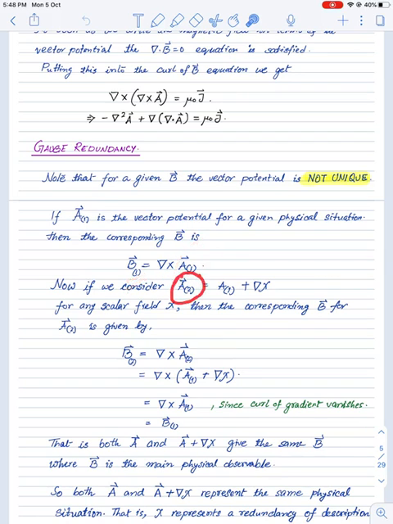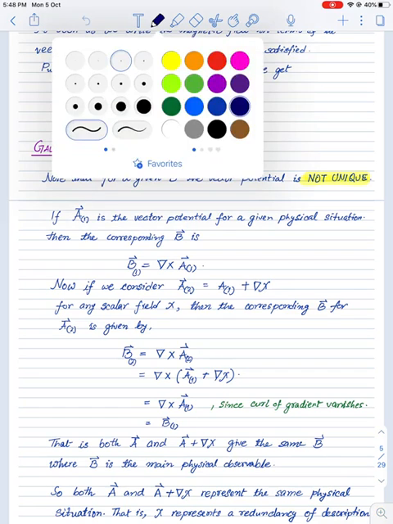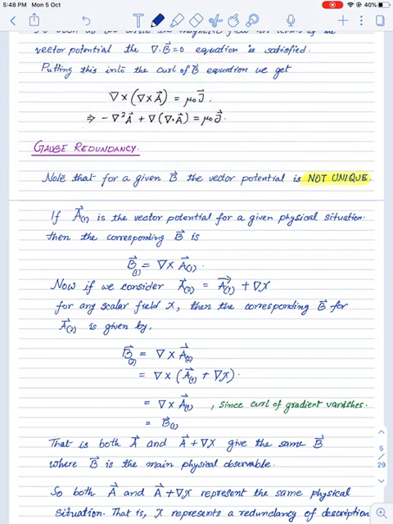Now let me assume that there is another vector potential, A2, which is related to the previous vector potential through this: the previous vector potential plus the gradient of a scalar field, which is chi.